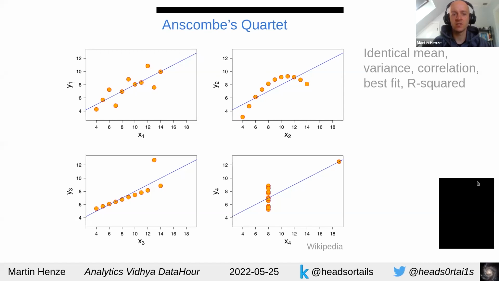Just 2 dimensions, X and Y here. And they look very different, obviously, the orange points. But if you look at their summary statistics, you'll find that all of these 4 panels have exactly the same mean, exactly the same variance, the same correlations, the same fit, and the same R squared, right? So if you don't look at them, you wouldn't be able to tell that they're different just from looking at these summary things.